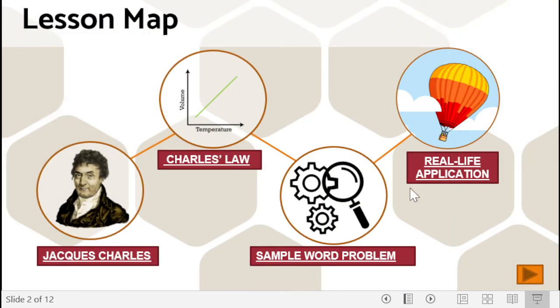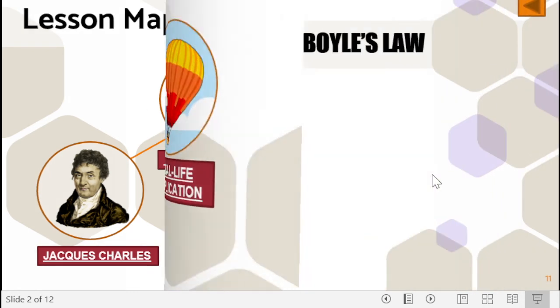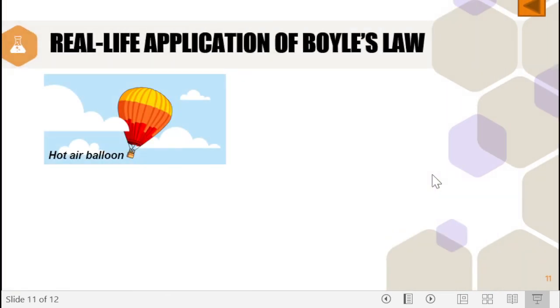Now, let us proceed to the different real-life applications of Charles' law. The first real-life application is the hot air balloon. The working principle of a hot air balloon is simple. It consists of a bag or an envelope, a basket to carry the passengers, and a fuel source like propane.